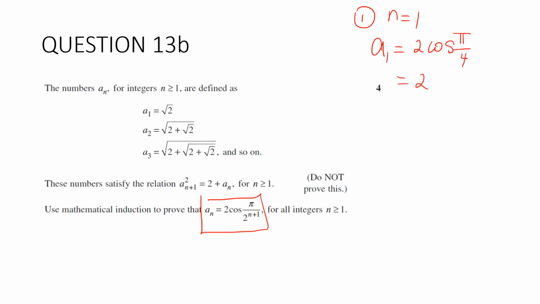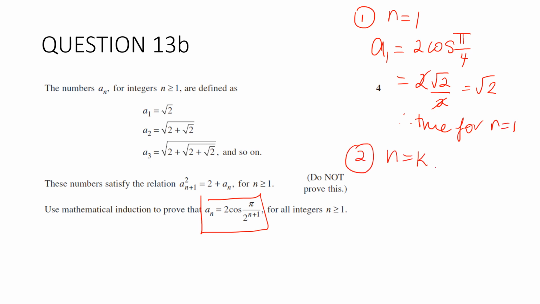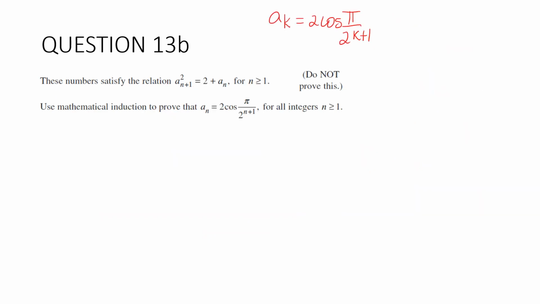And cos pi over 4 is root 2 on 2, which gives root 2, so it is true for n is equal to 1. Now we're going to assume it's true for n is equal to k. In other words, that ak is equal to 2 cos pi over 2 to the k plus 1. And now we want to prove it true for n is equal to k plus 1.